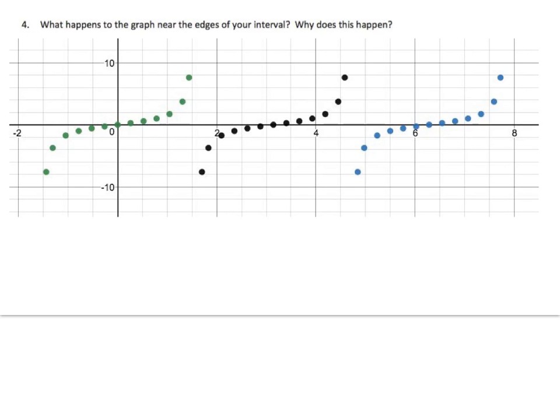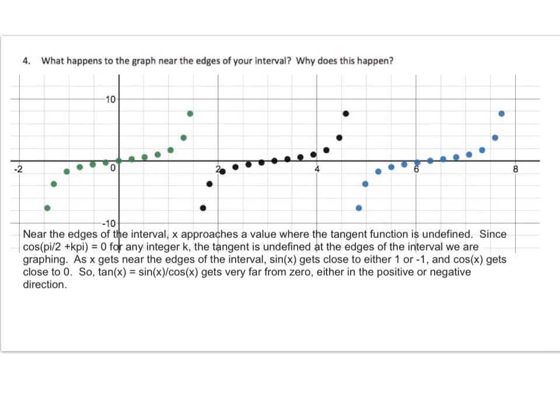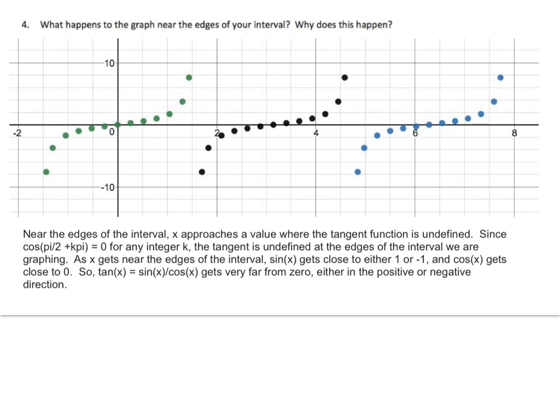And showing you sort of a blow up of each thing. What happens to the graph near the edges of your interval? I typed this in because I thought it would get a little messy if I tried to write it. So let's go ahead and read it. Near the edges of the interval, x approaches a value where the tangent function is undefined.